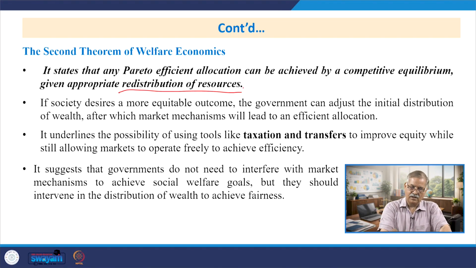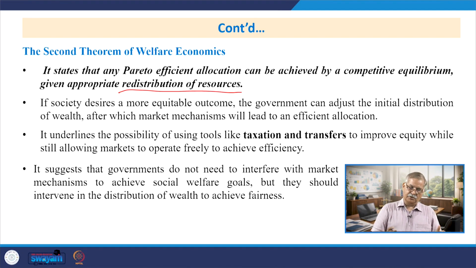So if resources are redistributed through progressive taxation or subsidies and the market is operating under competitive conditions, then Pareto optimality can be achieved. If society desires a more equitable outcome, the government can adjust the initial distribution of wealth, after which the market mechanism will lead to an efficient allocation of resources in the economy.